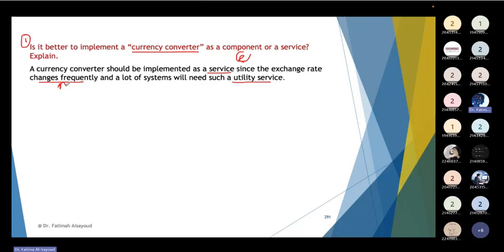The currency change is not my business, and it won't be accurate here. It's going to add effort for me. So it's better to have it as a service. I go to a specialized provider who will provide this service for me and I just use it. Okay?